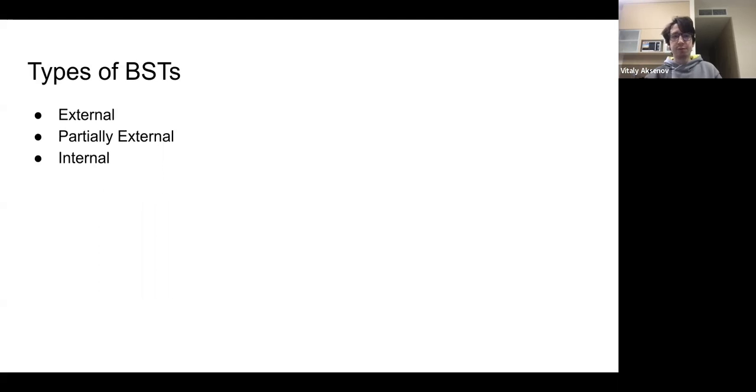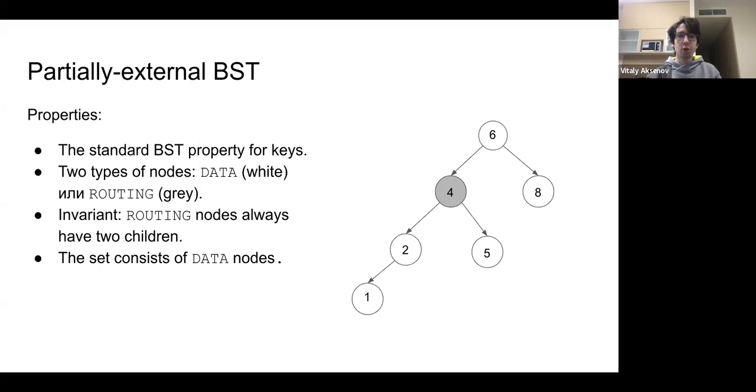There are three types of binary search trees, which I hope you're aware of: external, partial external, and internal. Partial external binary search trees are the following. We have the standard binary search tree with keys, and some of the nodes can be marked gray as routing. That means the keys of the data structure are in the white nodes, while the gray nodes are only for routing information. As an additional invariant, each routing node has two children.